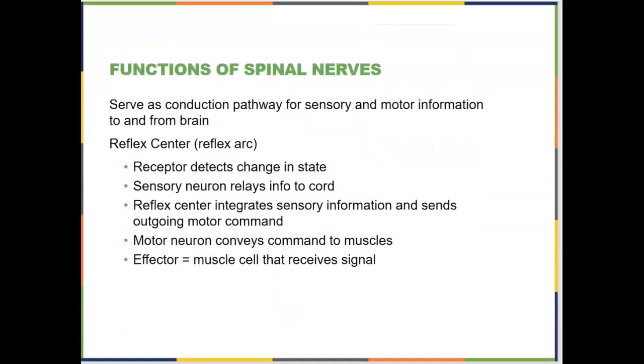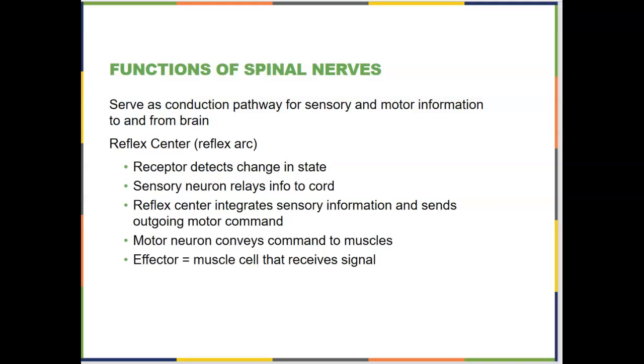So what are the spinal nerves doing? They allow us to have reflex arcs, which means that you have receptors out there in the periphery, like in your skin, that get information from the world. And if it's information that will damage your body, let's say you put your hand on something hot, you will immediately pull your hand away without even thinking about it, because there's a sensory relay in the spinal cord.